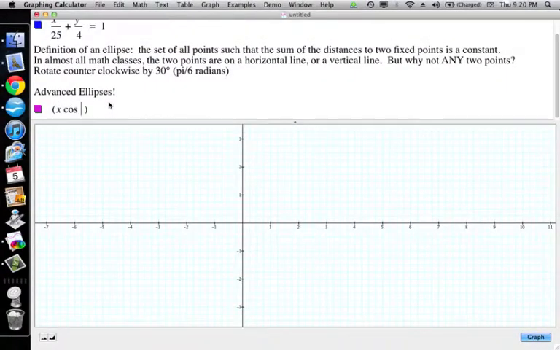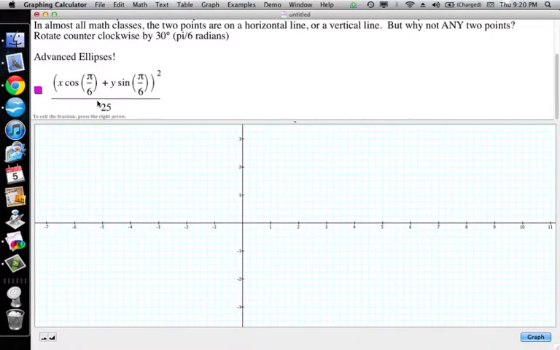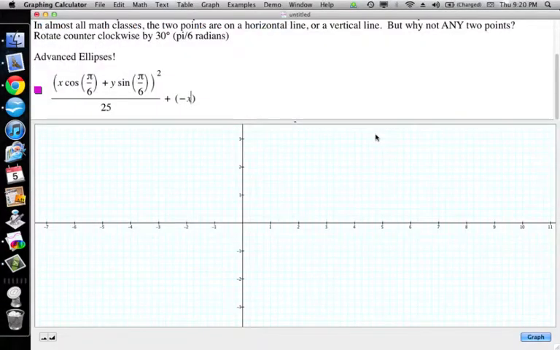So I do x cosine pi over 6 plus y sine pi over 6, and I've got to square that, and I've got to divide it by 25, plus, and then I go back and I look again, and it's negative x sine theta, negative x times sine pi over 6 plus y cosine pi over 6, and I'm going to square that.